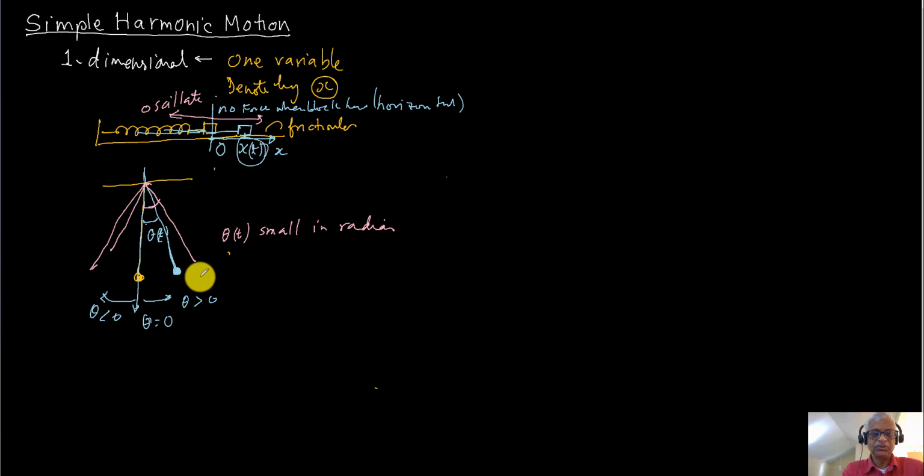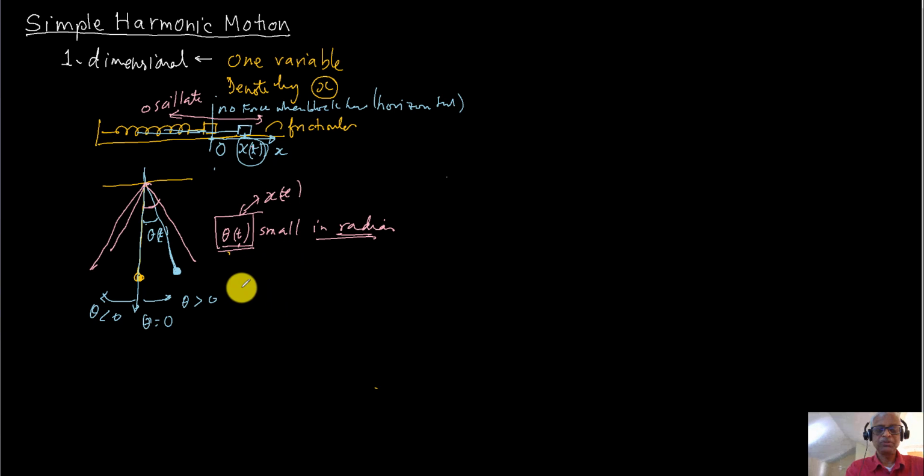This is also a variable, so I don't call it x of t. This angle in radians plays the role of x of t here, and it is also an example of simple harmonic motion. The way this changes is also simple harmonic motion.